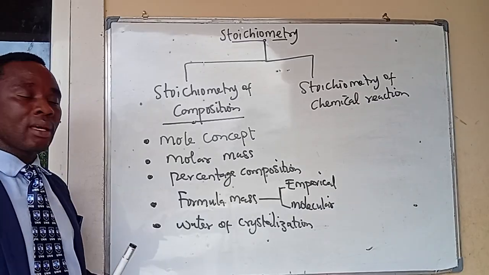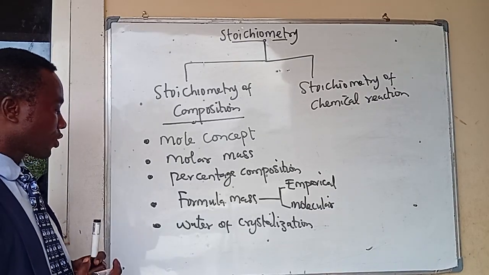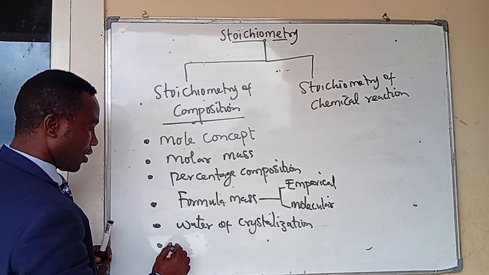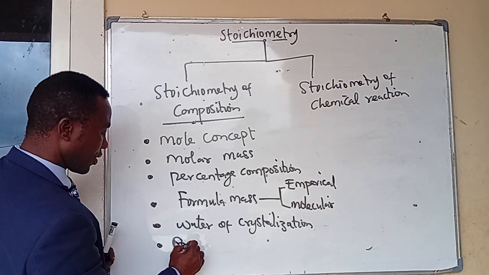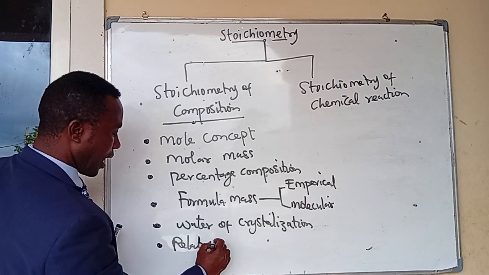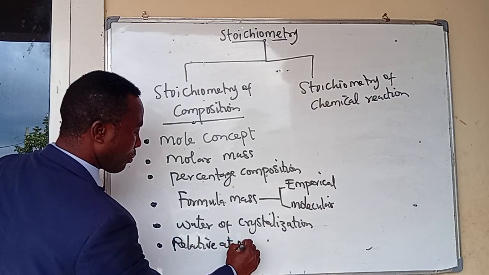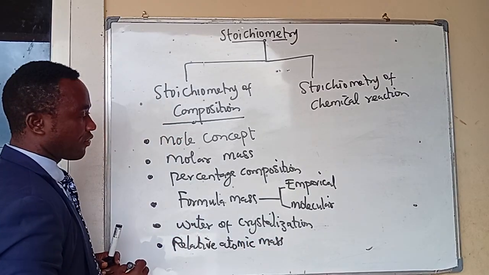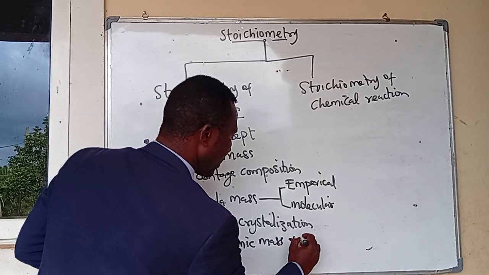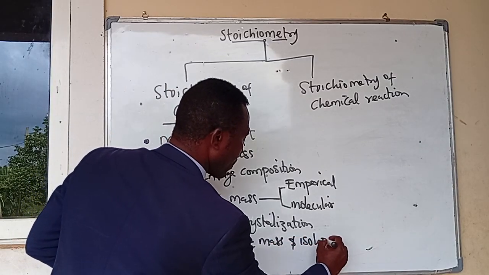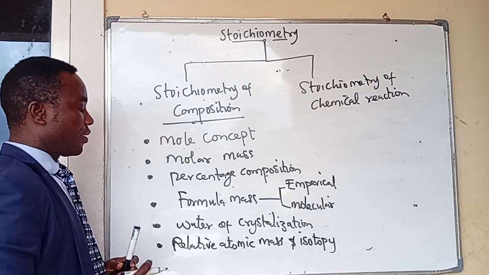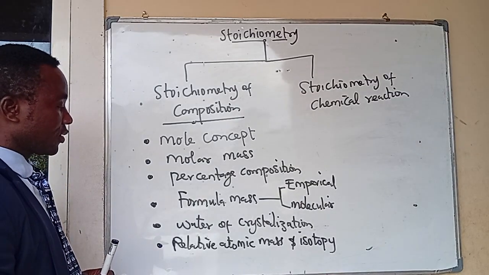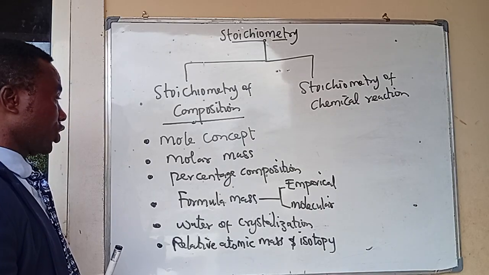You don't need to balance the chemical equation before you can get it. Then you also have relative atomic mass. Calculations involving relative atomic mass and isotopy are under stoichiometry of composition.